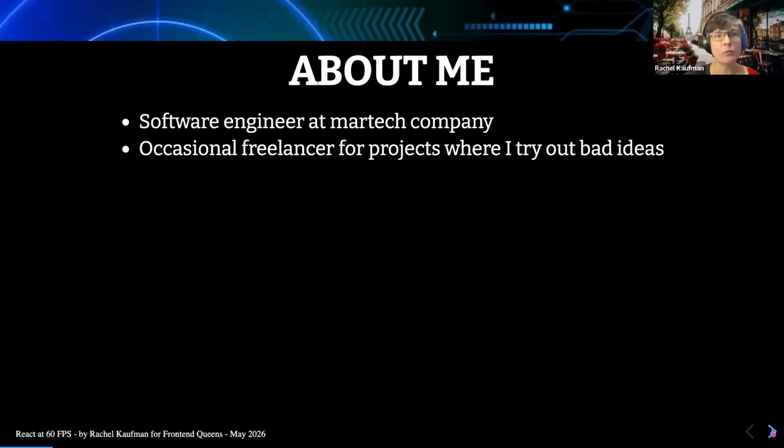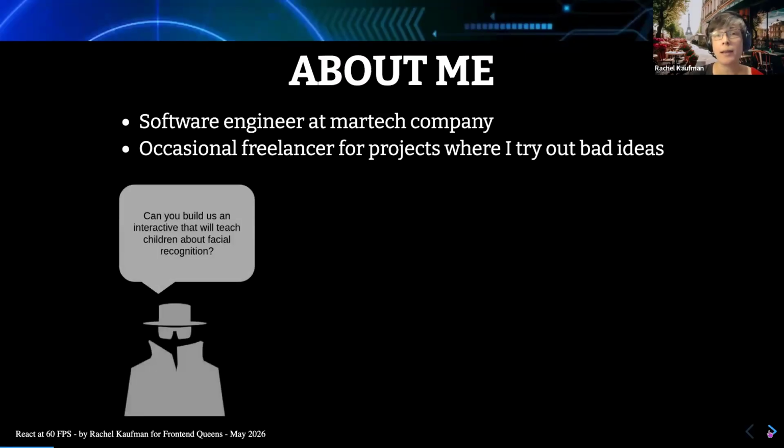So I got this request from a client. The client was making a museum interactive for a museum in Washington, D.C. called the International Spy Museum. It's a real museum run by actual former spies, and they have all sorts of great exhibits on spycraft. And this client was going to be creating an interactive for a new exhibit that would teach children and museum visitors about facial recognition, how it works, how to defeat it, why and how it's flawed, that kind of thing.